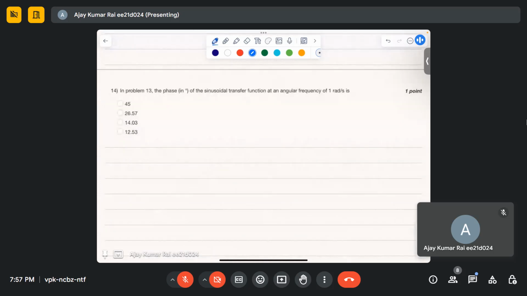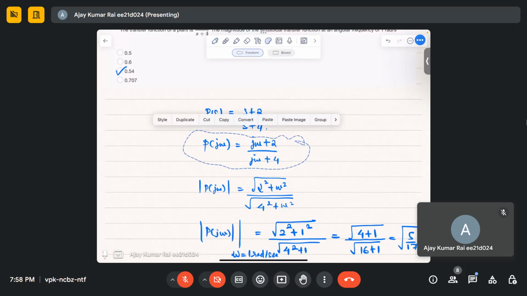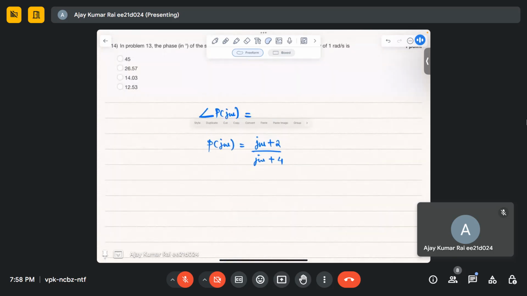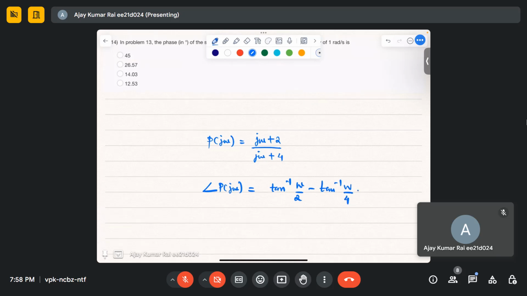In the next question we have to find the phase. How to calculate the phase of this? I'll just copy this. The process is the same up to here. So we have to find the phase of this. That is tan inverse of omega by 2 minus tan inverse of omega by 4.